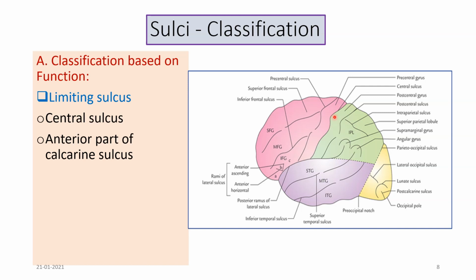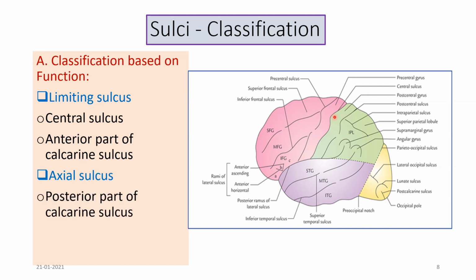The anterior part of calcarine sulcus is the other example, but you will see it on the medial surface. Then coming to the axial sulcus, the posterior part of calcarine sulcus you are seeing. Part of it you will see on the superolateral surface. Most of it will be in the medial surface, which we will discuss when we see the medial surface of cerebral hemisphere image.